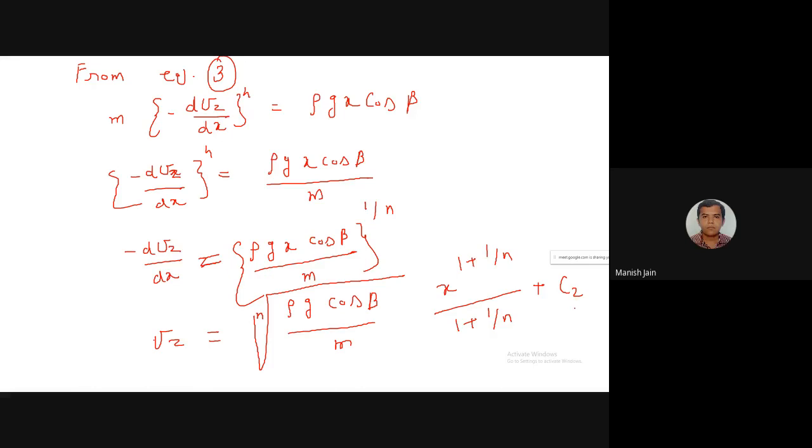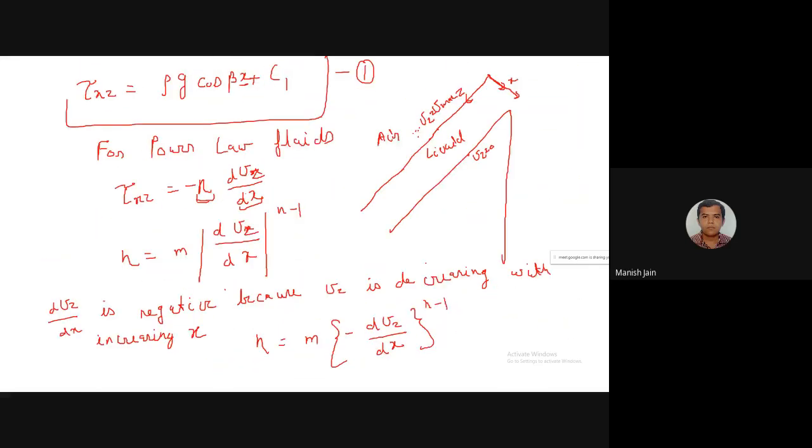So for C2, the second boundary condition is the no slip boundary condition, where Vz is 0 at x equal to delta, because the thickness of film is delta.